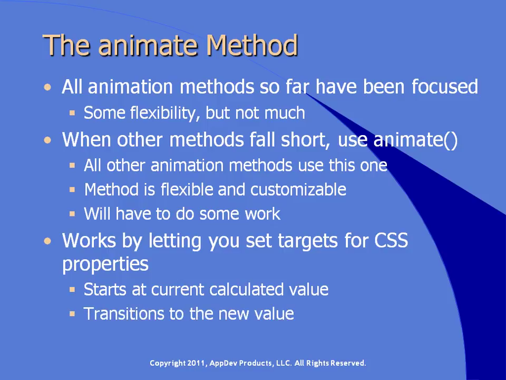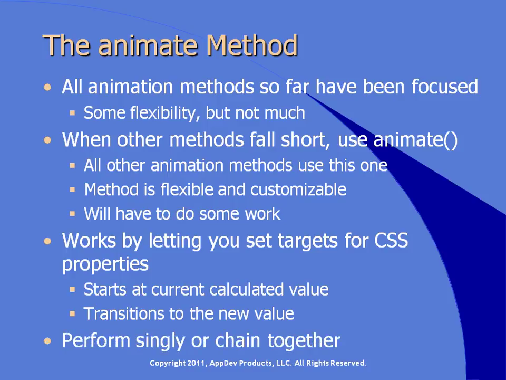It then starts at that value and then transitions to the target values that you specify. So for example, if you have an element on the page with a top set to 5 pixels and left set to 10 pixels, and then specify the values of 50 pixels and 47 pixels for those properties, Animate will move the element from its current location to the new location with a smooth animation that you can customize.